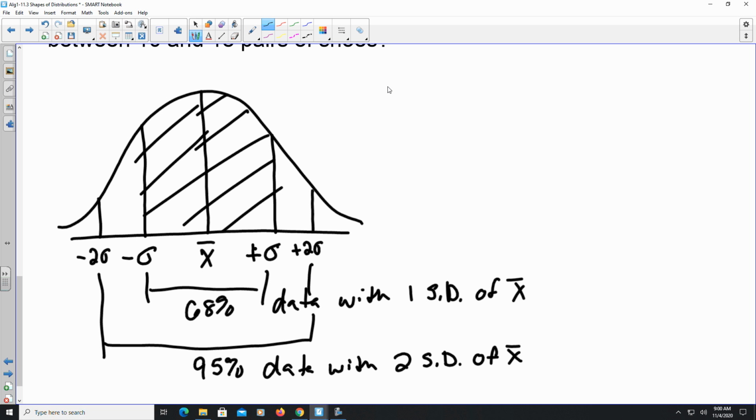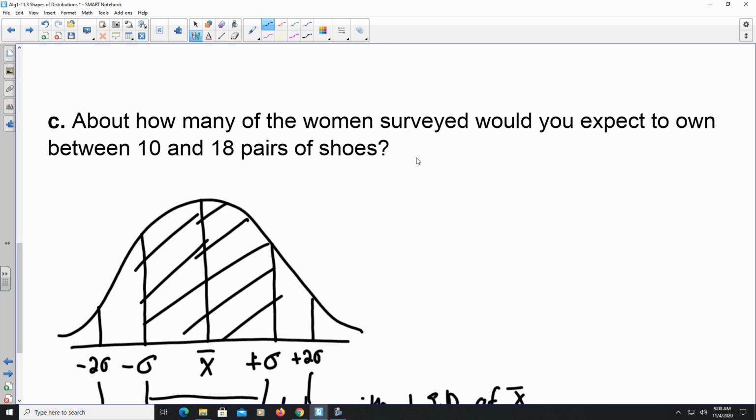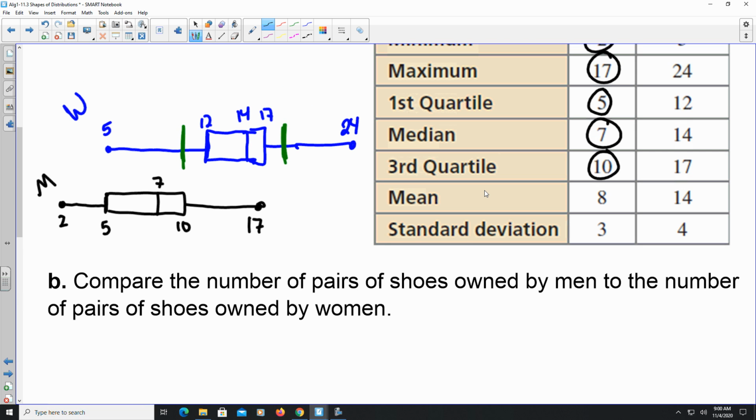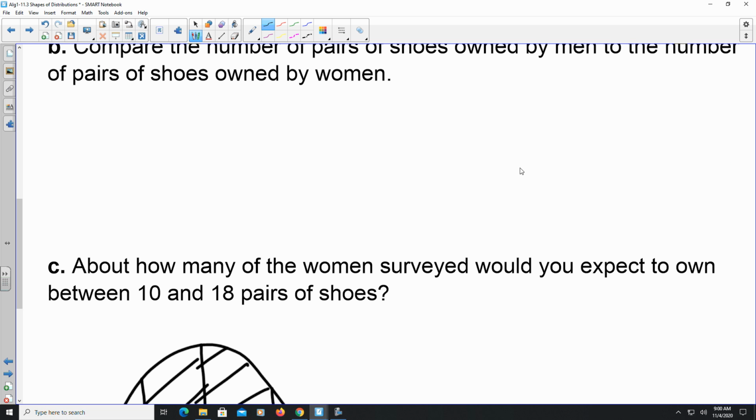So using this to help us out here, if you look at the women's standard deviation, it's 4. So if you look at their mean, if you took 14 minus 4, it's 10. And if you took 14 plus 4, that's 18. So that is what they're asking with respect to the plus and minus of one standard deviation.